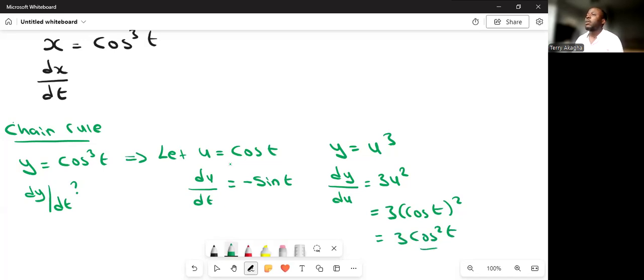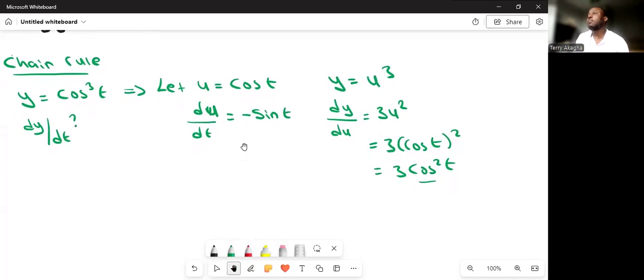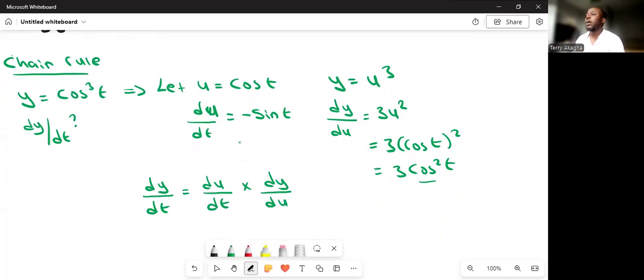Now, we're not looking for du over dt, or dy over du. We're looking for dy over dt. So we now know that dy over dt will be equal to du over dt multiplied by dy over du. So this is going to give us minus sine t multiplied by 3 cos squared t.